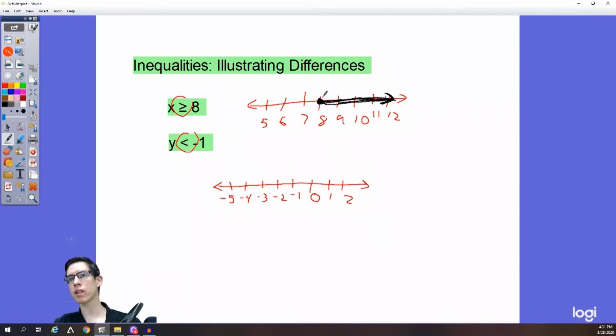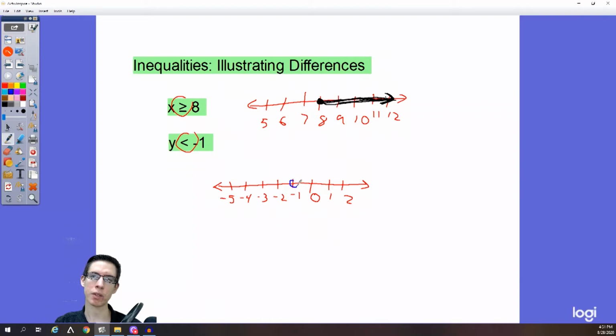So we've got to do something different to how we set up the 8 expression up here. Here we colored in a solid circle and went to the right to indicate greater than or equal to 8. That included 8, and then it was everything bigger. Here, we're going to be very different, but very intentional with how we represent this.